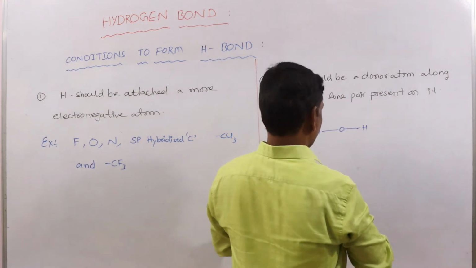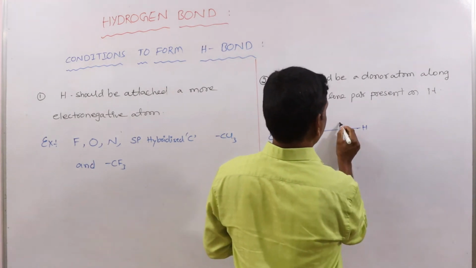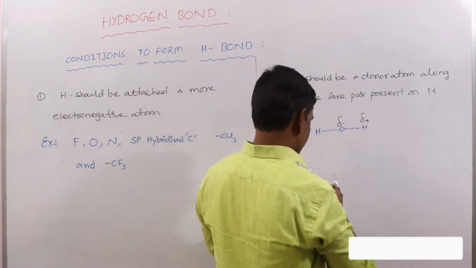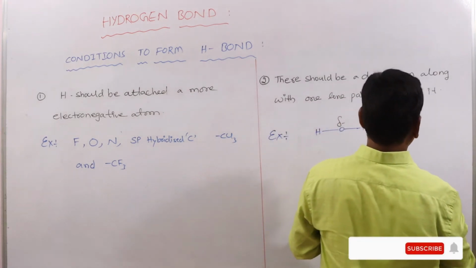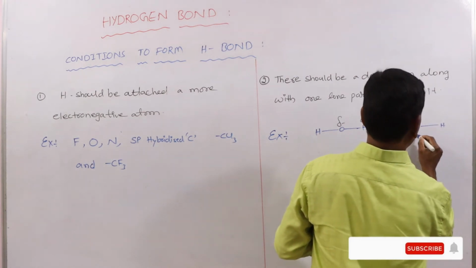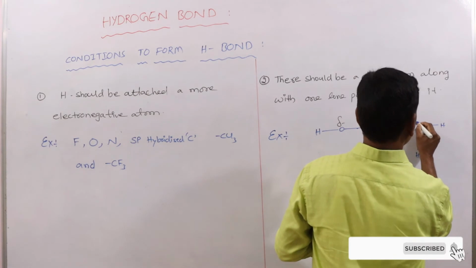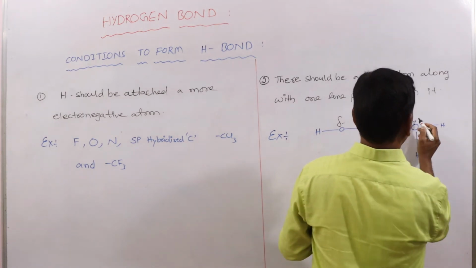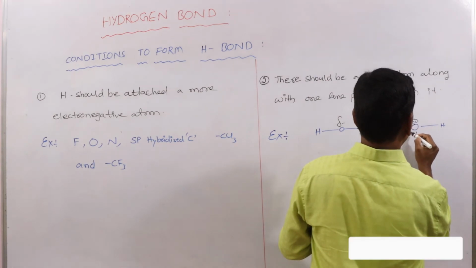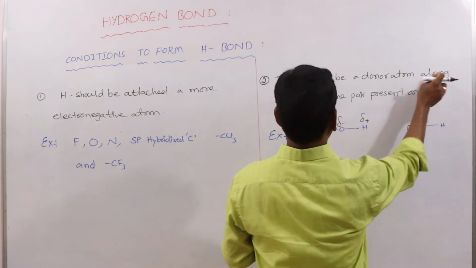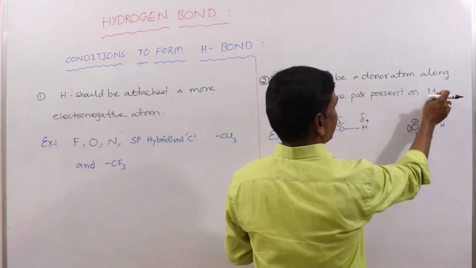Here the highly electronegative atom partially gets a negative charge, and here hydrogen has partial positive charge. Here on oxygen is a pair of electrons. So there should be a donor atom along with one lone pair present on it.